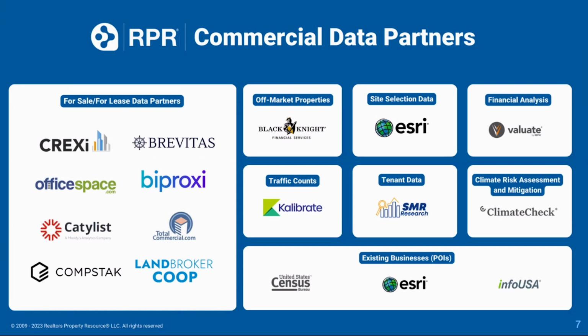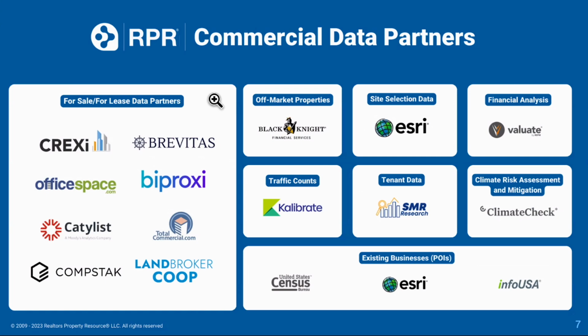But just to let you be aware of how much we've expanded just the data within the commercial side and listings, we have what's presented here on the screen, showing there on the left all the partners that we have worked with to pull in listing data into the RPR platform nationally.